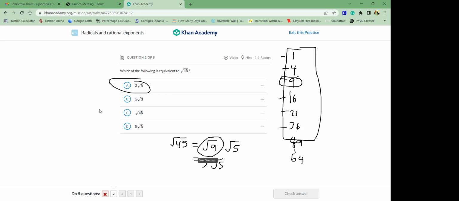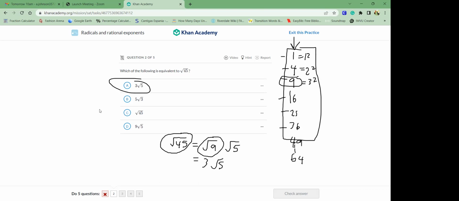The general idea is to break down the root 45. We want to look at our perfect squares: this is 1 squared, this is 2 squared, this is 3 squared, and so on. We want to ask what's the biggest one of these that goes into 45. So we know it's 9.